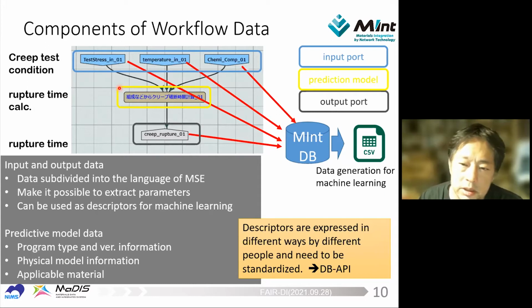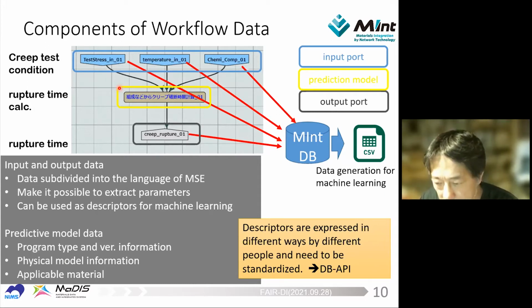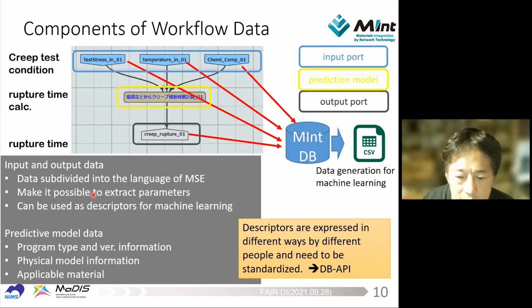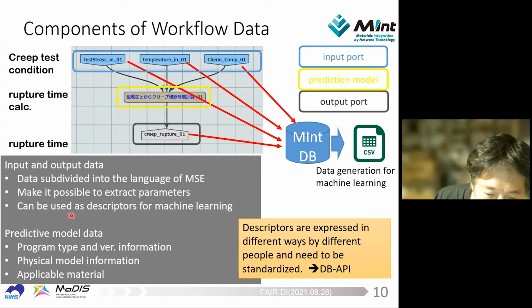However, it is difficult to make machine learning models from the input file itself. So we have to translate it into the language of materials science and engineering before storing data. We make it possible to extract the parameters as supervised data for machine learning. So this is a very important section.